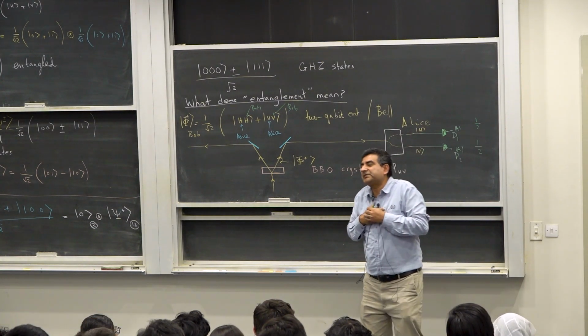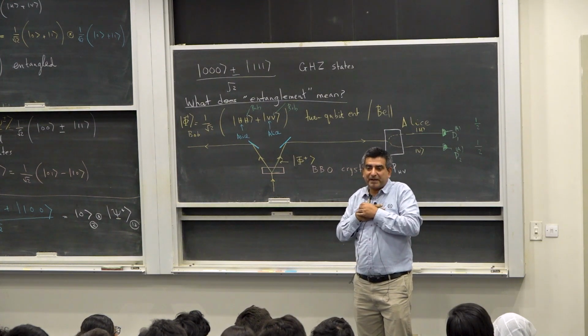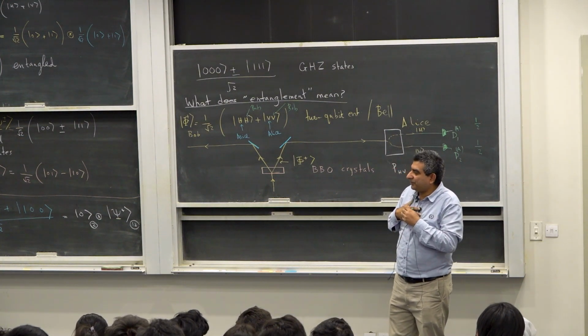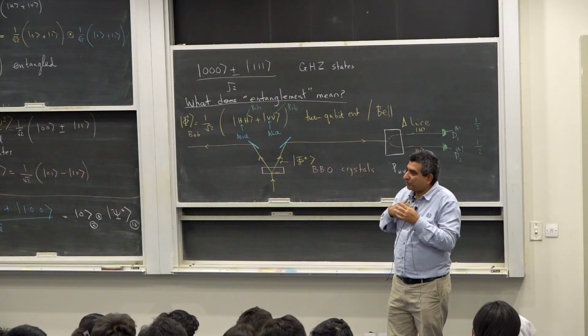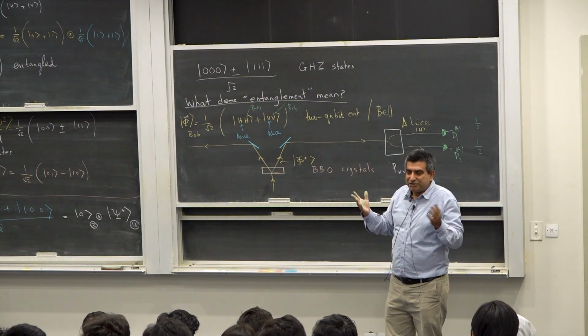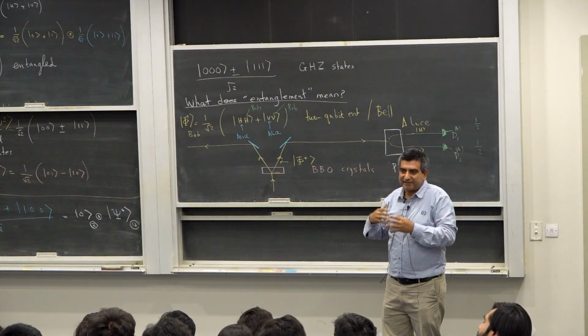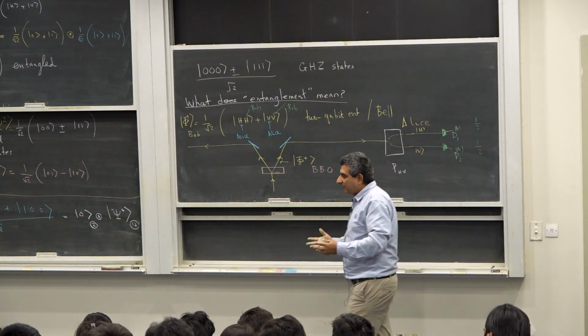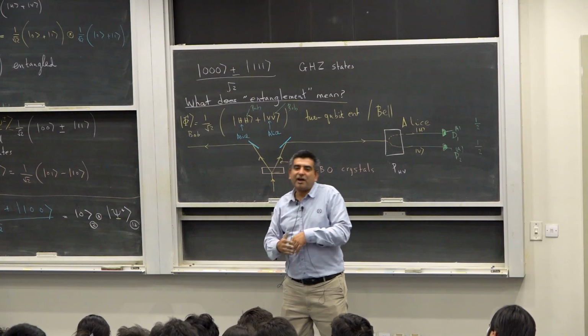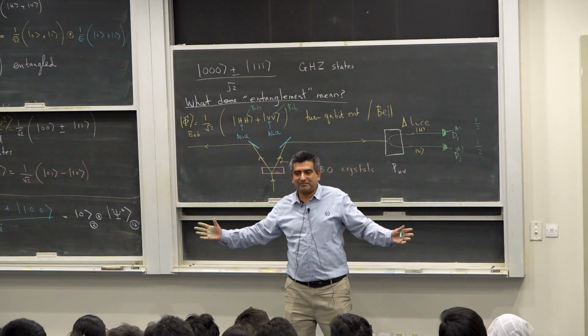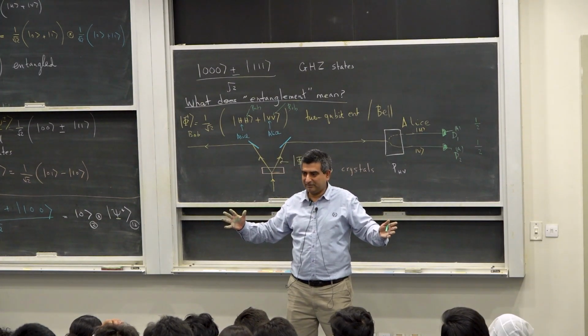So from her perspective, the photon that she receives is totally random. She is receiving a kind of mixed state. Half of the photons that she gets are in the state ket 0 and the other half are in the state ket 1. So her outputs are totally random as it can be.